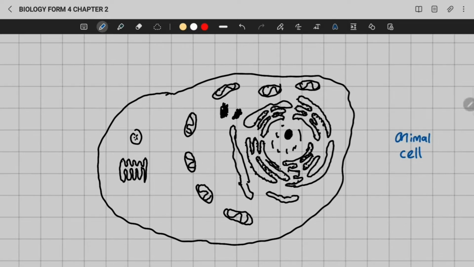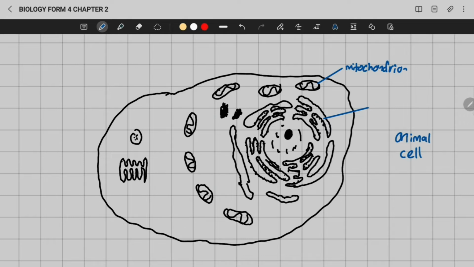First thing first, we have this pin-shaped thing, which we call mitochondria, or in singular, mitochondrion. And then we have this thing near the nucleus, which we call the endoplasmic reticulum.